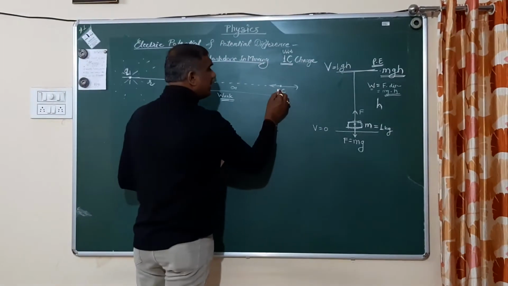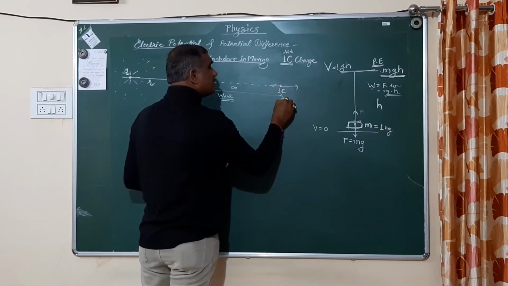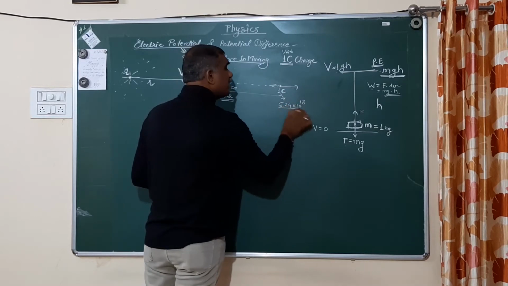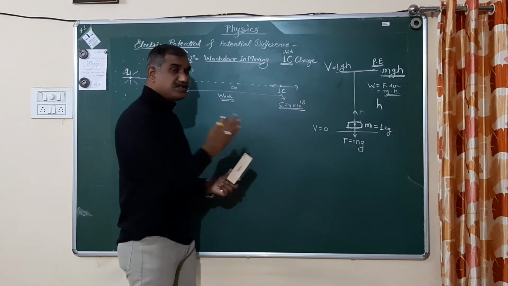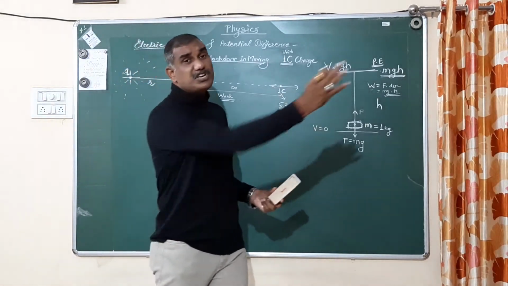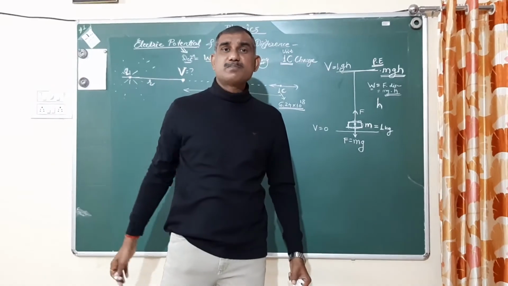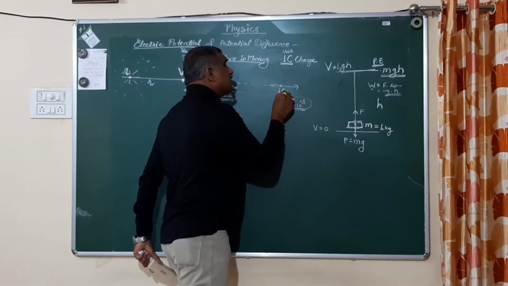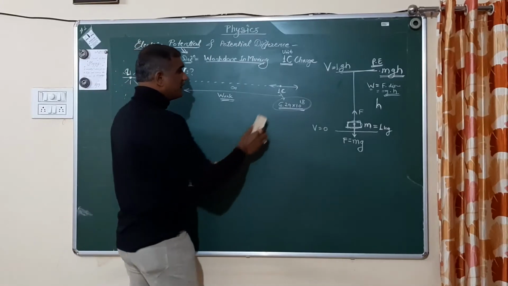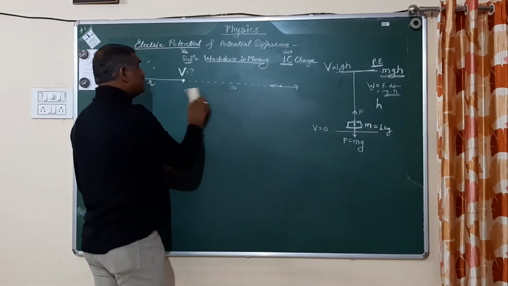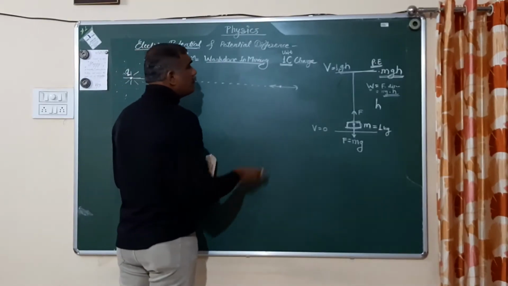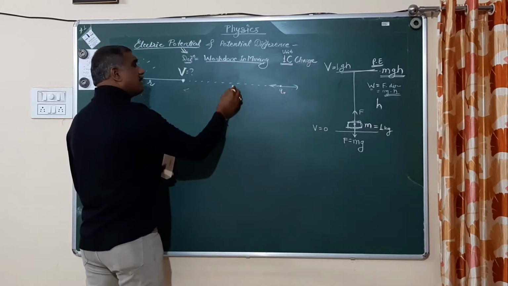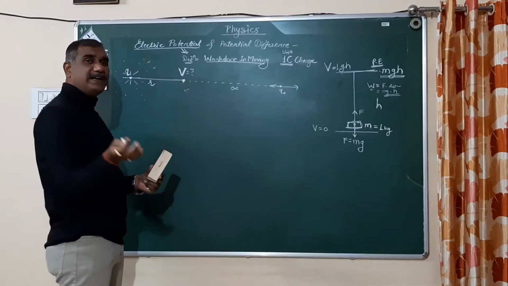But you know very well, 1 coulomb charge consists of 6.24 × 10^18 missing electrons. That means 6, 2, 4 followed by 16 zeros. That many electrons missing is called a positive charge, and it is not possible to put that 1 coulomb charge here. For that purpose, in an actual situation, we put here one test charge Q0, move that test charge Q0 from infinite distance to this point, and find the work done.